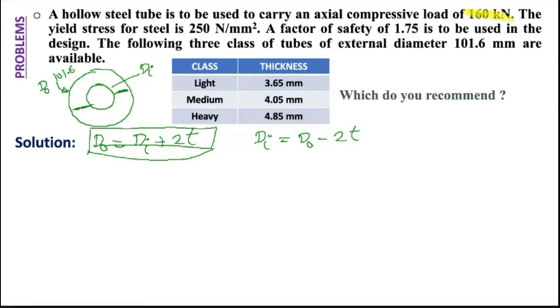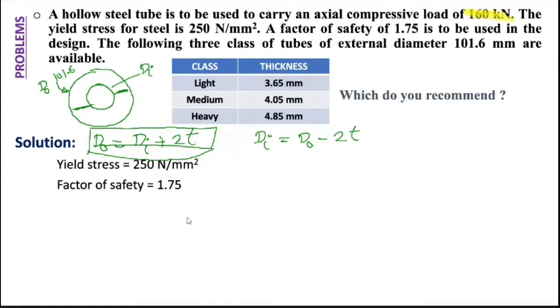An easier process: let us identify this as a variable. We will identify the cross-section area, then we will choose from this. That is the easy process. Let me go for that. First, I know my yield stress, which is 250 Newton per mm square. My factor of safety is also known, which is 1.75.